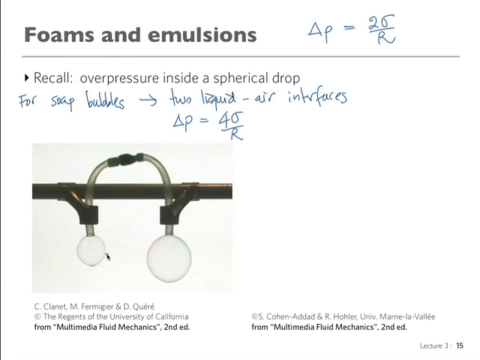So what we have in this situation over here is 2 soap bubbles connected by a tube, and one is smaller than the other. And so therefore the pressure on the smaller bubble should be larger. You agree? Yes? Pressure on the smaller bubble should be larger. So what happens?